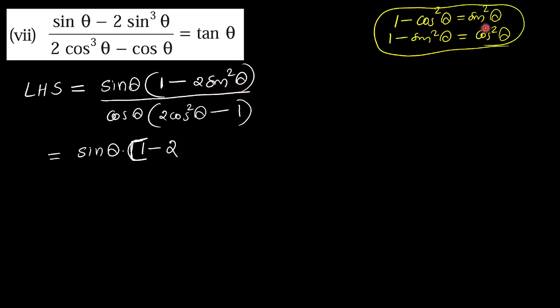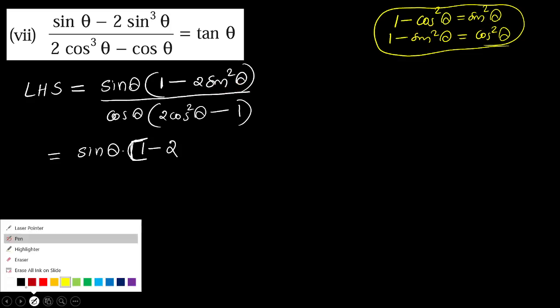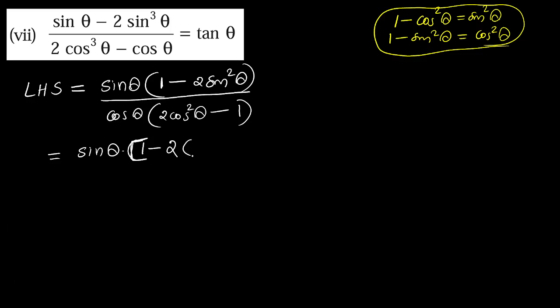Sin square theta is 1 minus cos square theta. Let me write all the steps by cos theta into, and after that, you can ask me doubts.